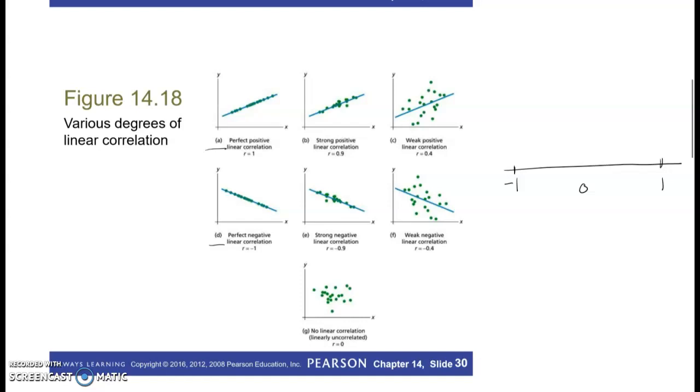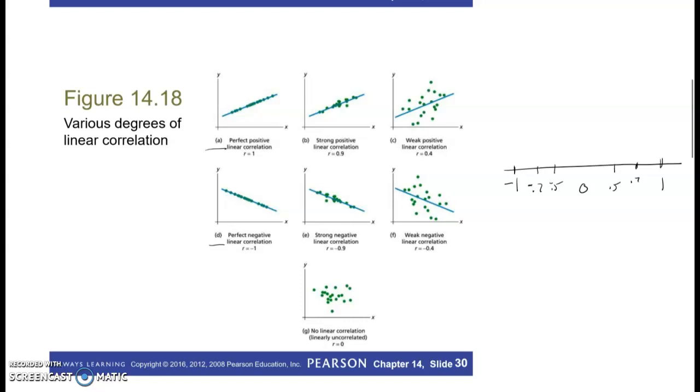And that would be 0.9, maybe even anything above 0.7, I would say, or below -0.7. There is no hard rule of thumb, but if you want to gauge whether something is strong, it's got to be at least above 0.7 or below -0.7. Moderate would be somewhere around -0.5 or 0.5.